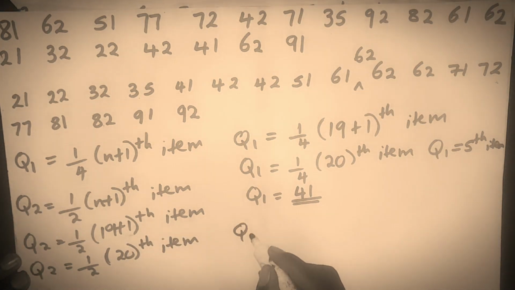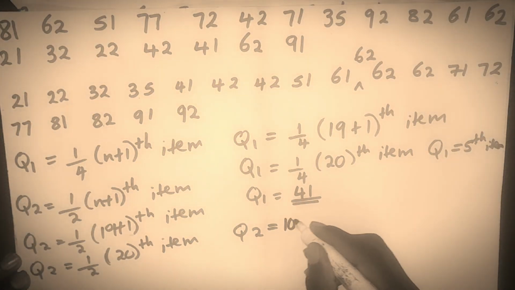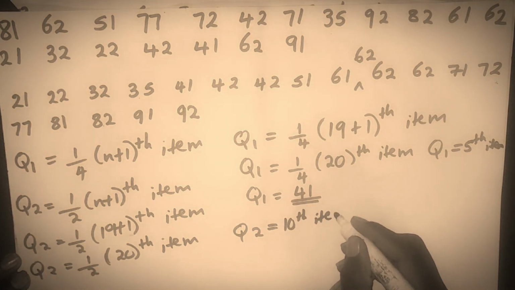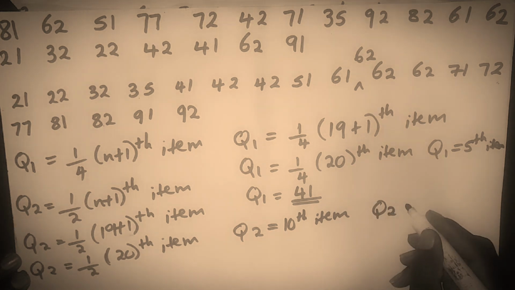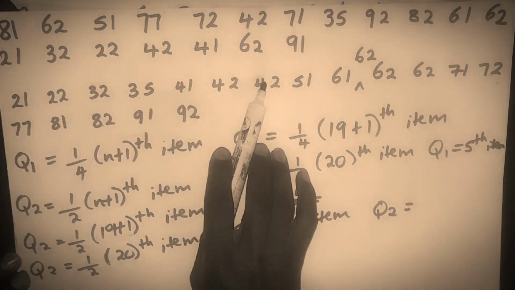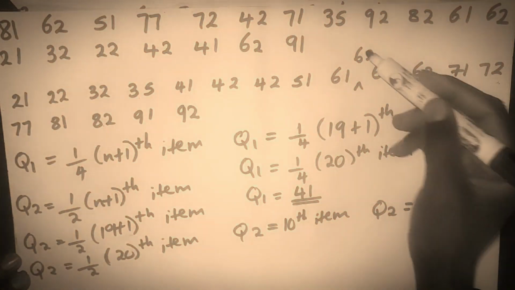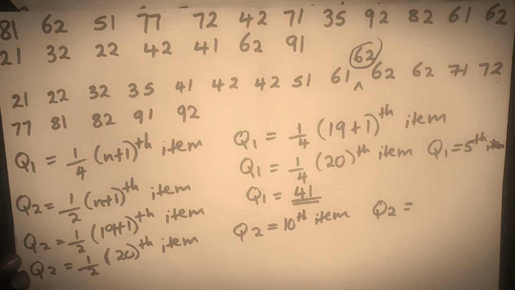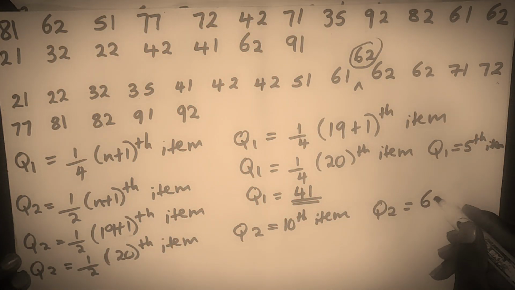Here we say 20 divided by 2 is 10, so the 10th item. Counting 1, 2, 3, 4, 5, 6, 7, 8, 9, 10, our 10th item is 62.